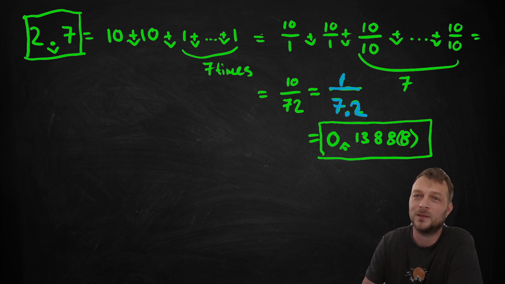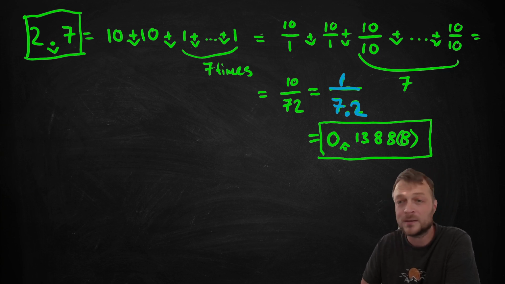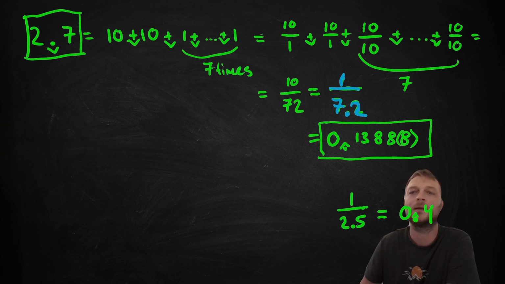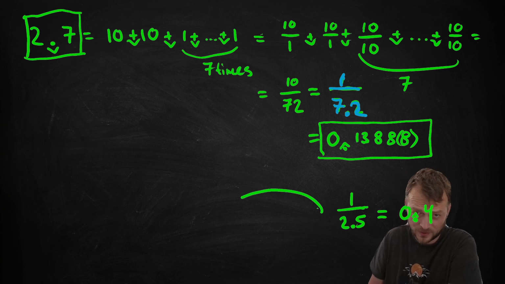Okay, so let's say we have 0.4 in standard decimal notation. It's the same as 1 over 2.5, correct? So now let's play this reverse game. Let's map this value to 5.2.